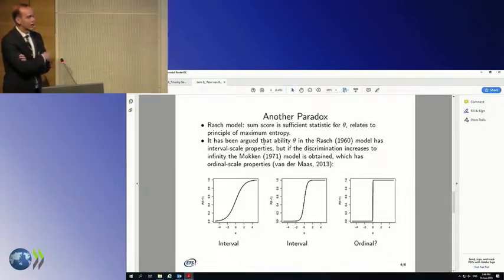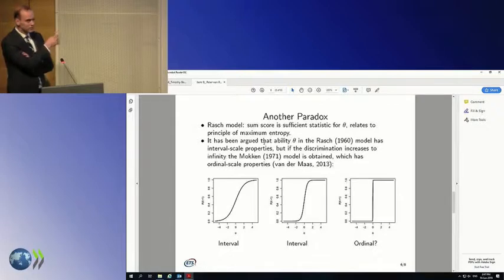And in the final panel, if you increase that slope to infinity, you get what is known as a Mokken model, used in Mokken scale analysis, which is a model with ordinal properties. So by increasing the measurement precision in this situation, you're losing your scale properties, which is an interesting paradox, I would think.